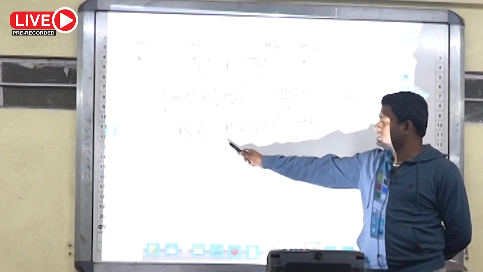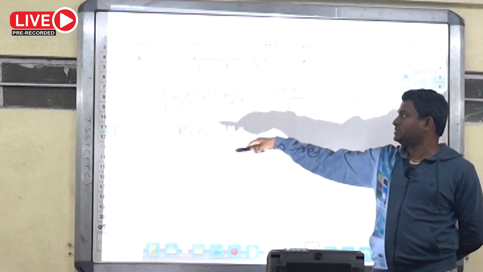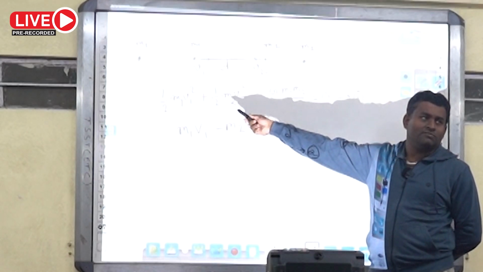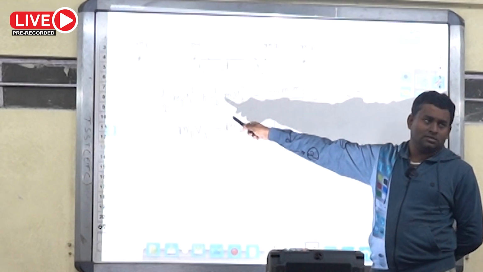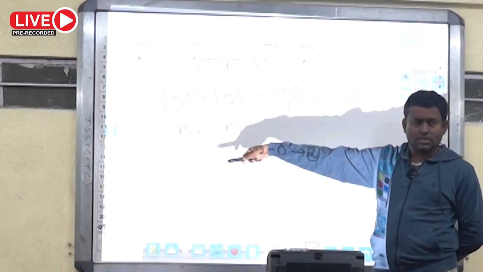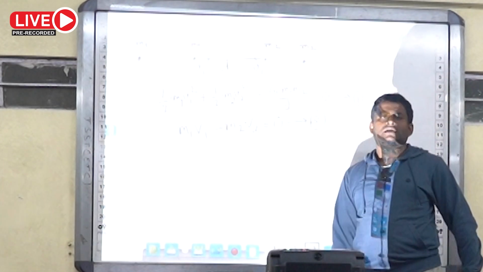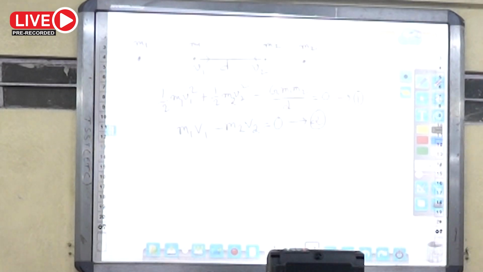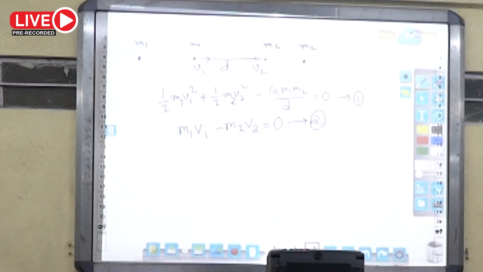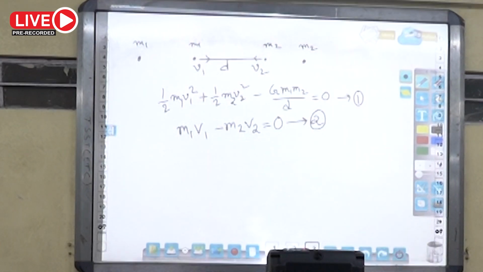From this you find an expression for V1, substitute it here to find V2, and then similarly find V1 and V2 both by solving this, and then calculate V2 minus V1. That is the relative velocity. Do it. Long calculation, I know, because one equation is quadratic.